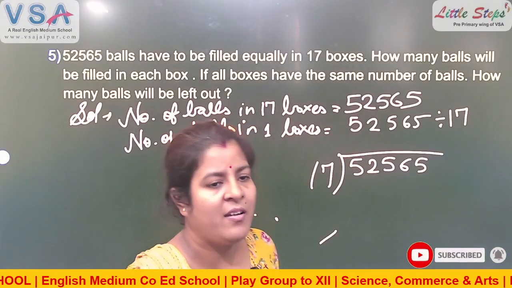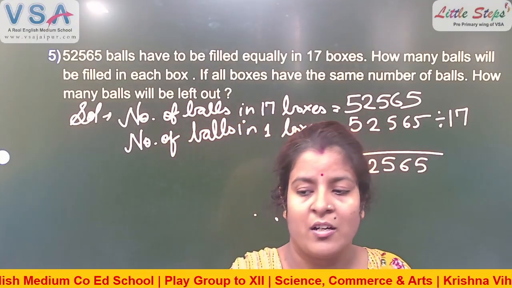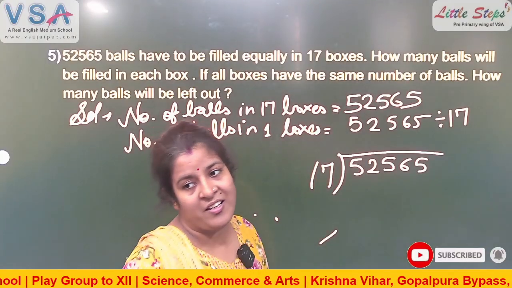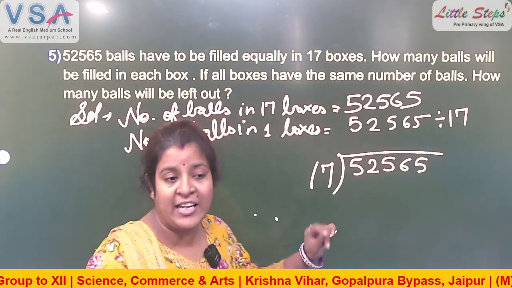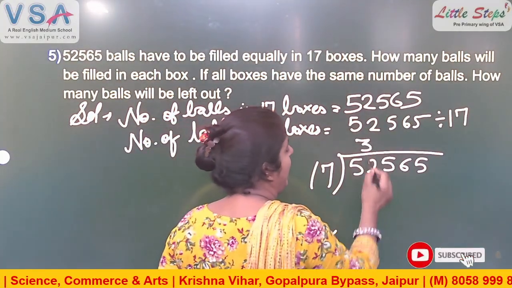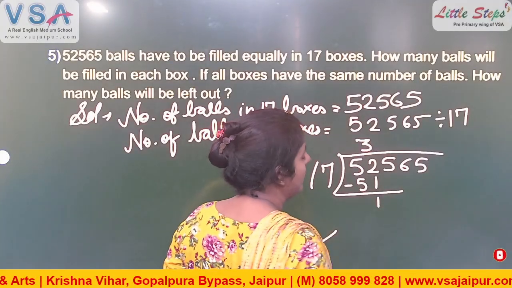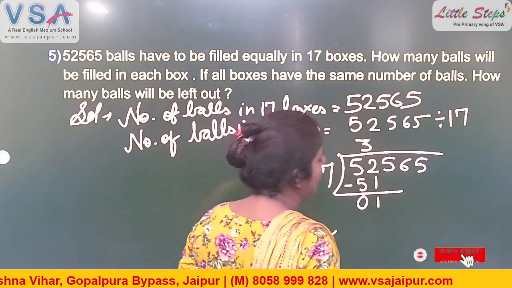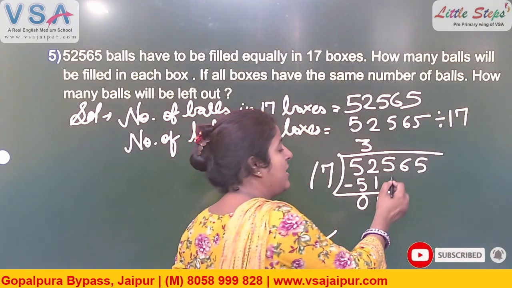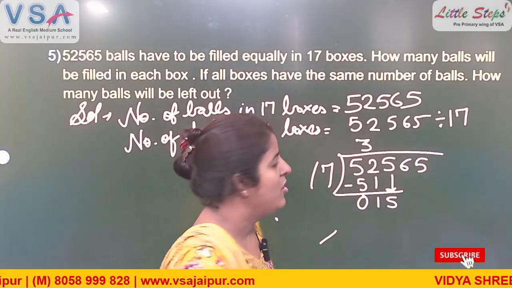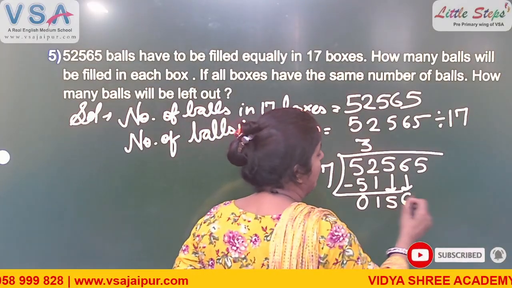17 ones are 17, 17 twos are, 17 threes are, 17 fours are 68, which is greater than. So we can write 17 threes are, and subtract the value: 2 minus 1 is 1, and 5 minus 5. And write the next number on this side. We can divide? No. So using the next number on this side, 156.